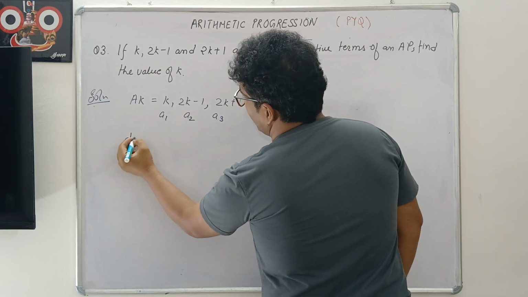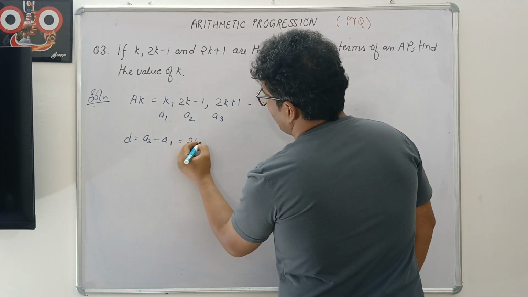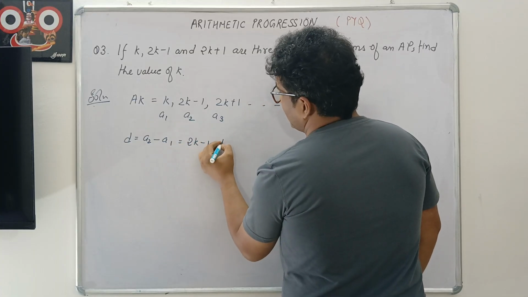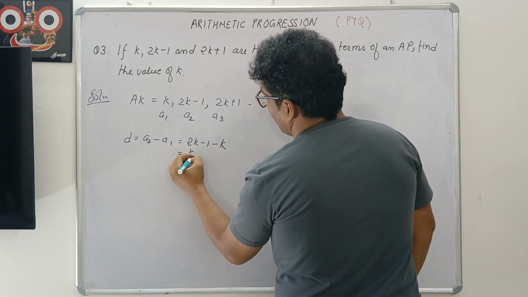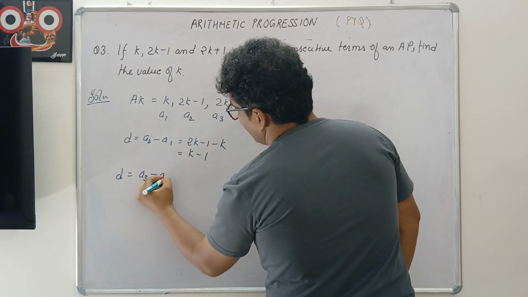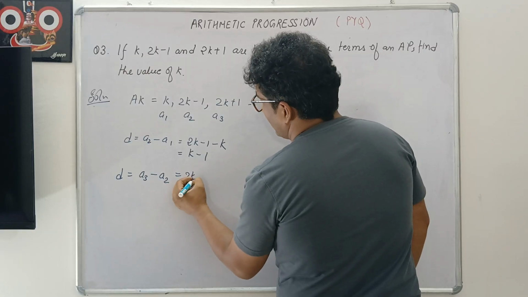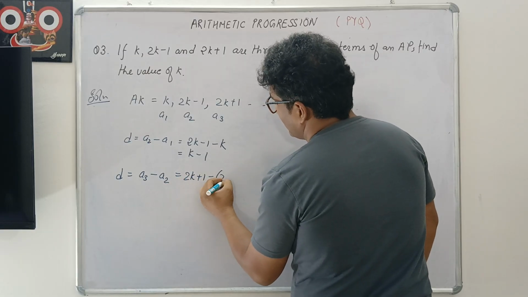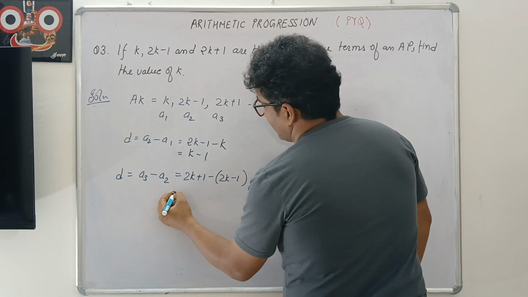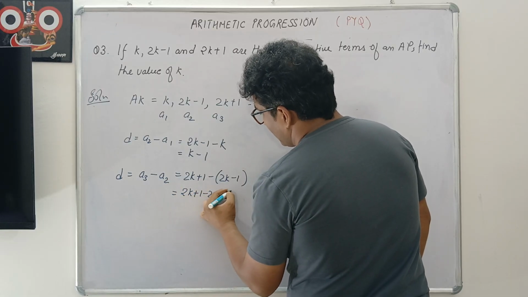Okay, so D is A2 minus A1, that is 2k minus 1 minus k, that is k minus 1. Similarly, D will be A3 minus A2. So that is 2k plus 1 minus 2k minus 1, that is 2k plus 1 minus 2k plus 1.